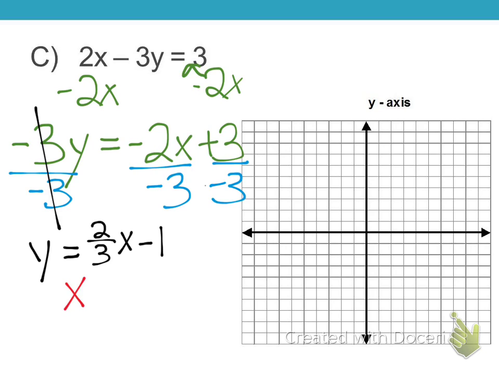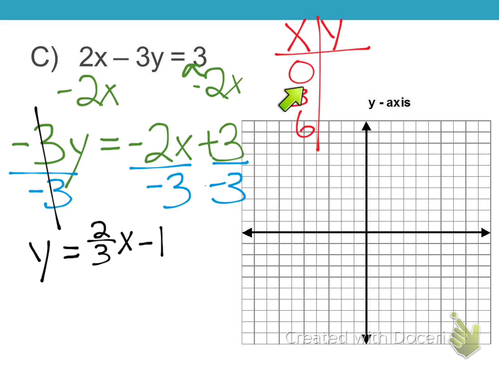Okay. I am going to be very strategic about what I plug in here. I'm going to do it up here, because I don't want to graph a bunch of gross fractions. Okay? 0 is going to work. Now, what are some other numbers that would give us whole numbers when we multiplied by 2/3? 3 would work. 6 would work.